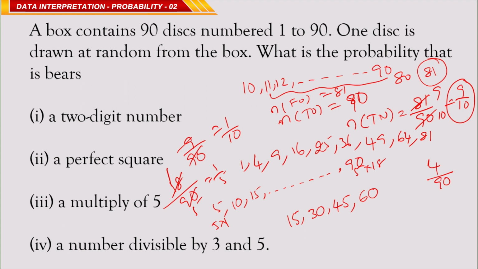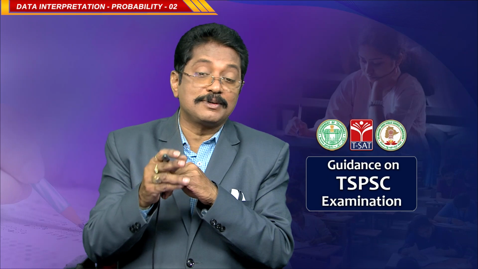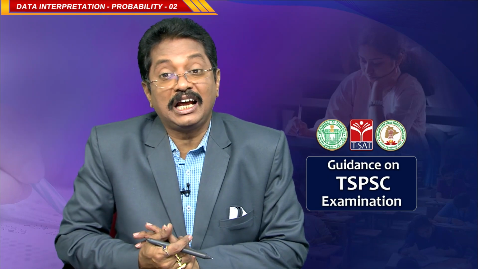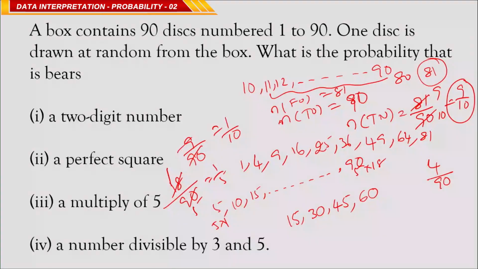If the question is given as numbers which are divisible by 3 or 5, then you have to write the multiples of 3: from 3 to 90 there are 30, and multiples of 5 from 5 to 90 there are 18, totally 48. But there are 4 multiples of both 3 and 5, so 48 minus 4 is 44.